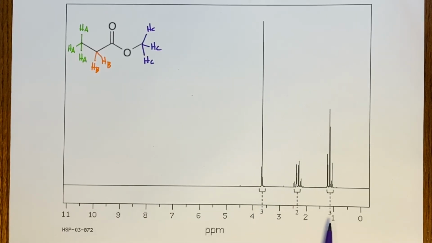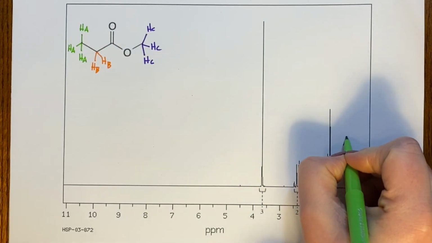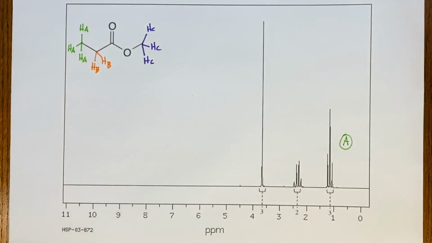But for HA, I was also expecting a chemical shift of about 1 and a multiplicity of a triplet. So right here in the data, right around 1, I have a triplet. So this peak here is the protons for HA. It is a triplet, has an integration of 3, and a chemical shift of about 1. This is consistent with what I expected for HA.